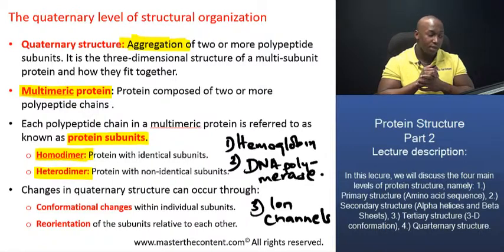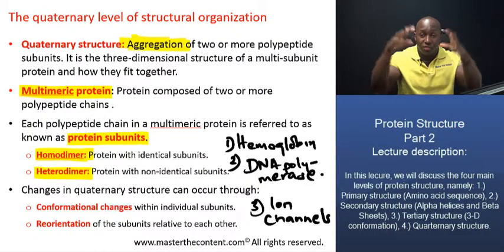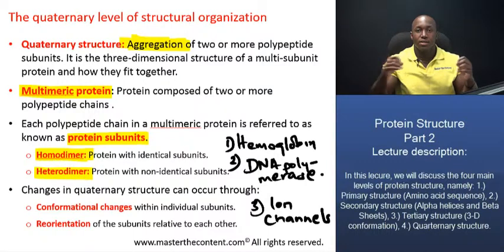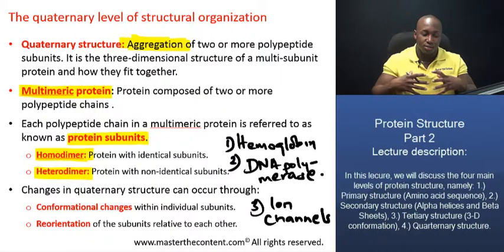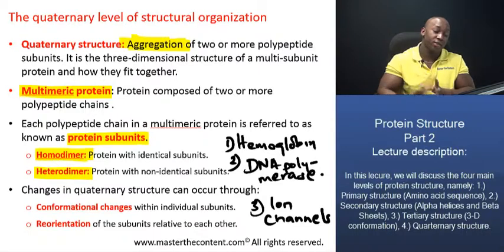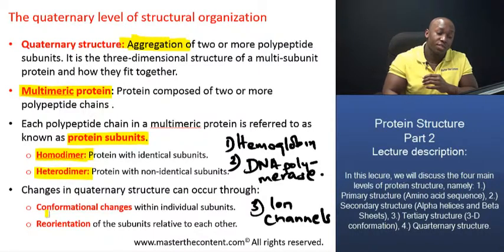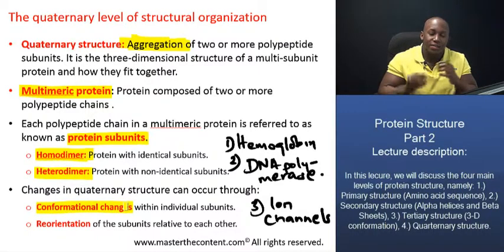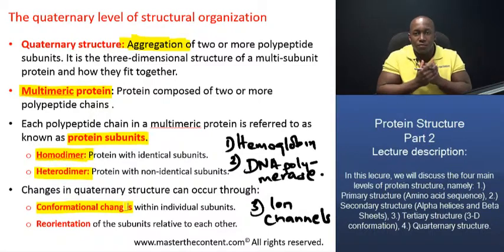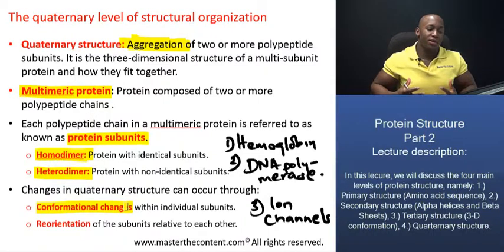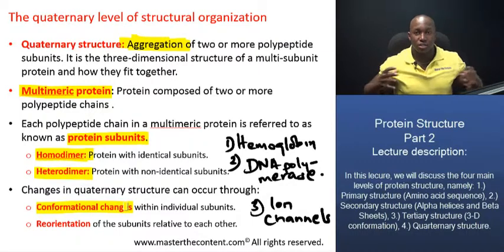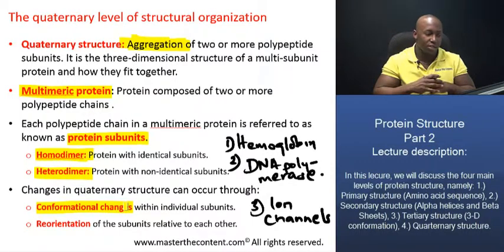Now, it's important to note that at the quaternary level of organization, those structures are not rigid, okay? Changes can occur to the quaternary level of structure. And they can happen through what is called a conformational change, in that one of the polypeptide chains in that multimeric protein can undergo a change, resulting in the change of the structure of the entire protein.